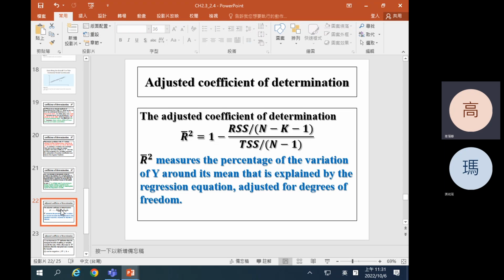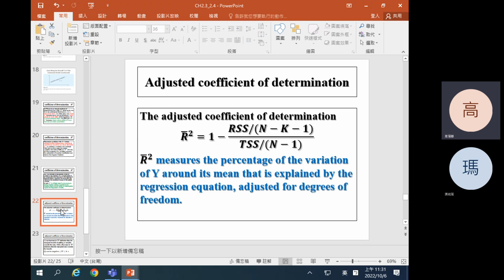If we have 10 variables, then what's the number of this one? With 10 variables, it comes to 14, right? So if I have 14 here, what's the adjusted R squared? It's getting smaller.